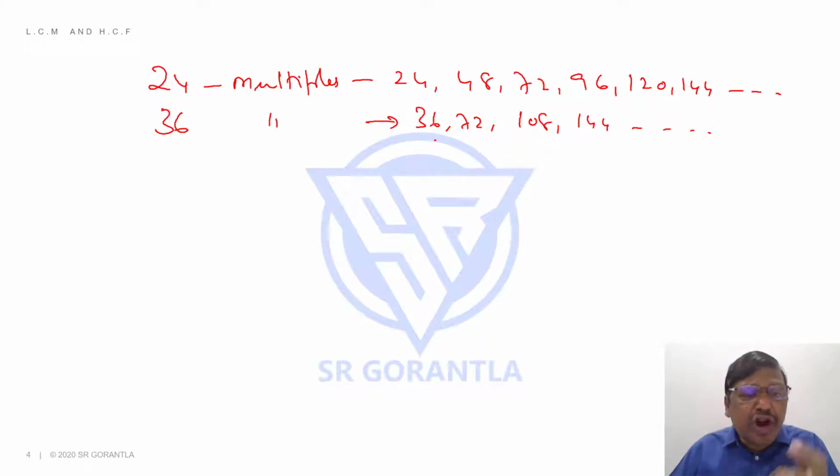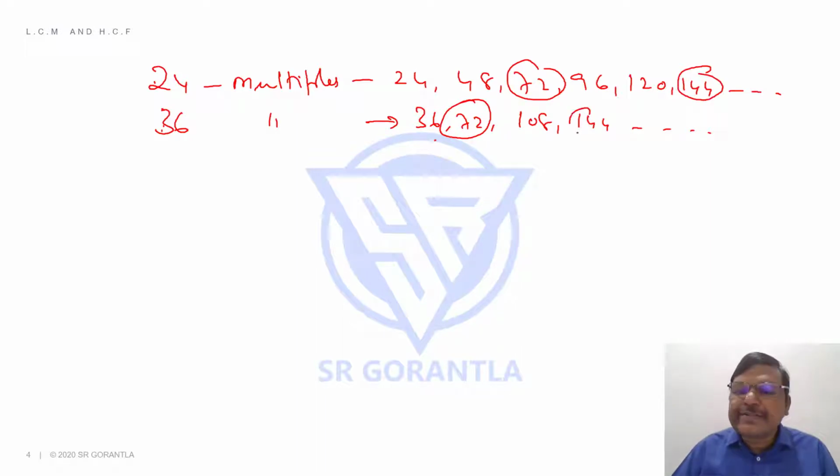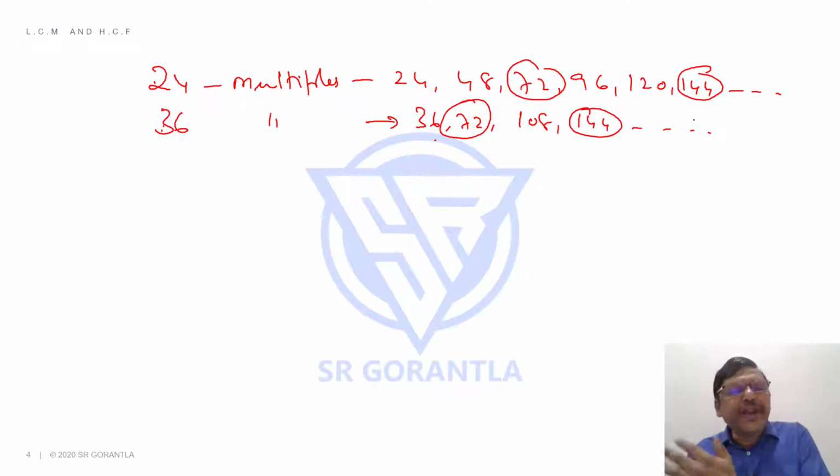What are the common multiples that you have for both 24 and 36? What are the common numbers you find in both cases? 72 is common in both cases. Next, 144 is common. Like this, if you keep writing, you get quite a few common numbers. Among these common numbers, what is the least one? Least one is 72, right?